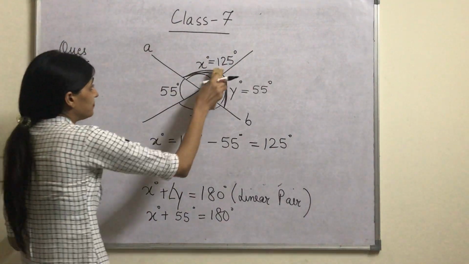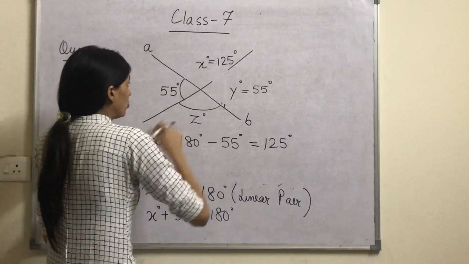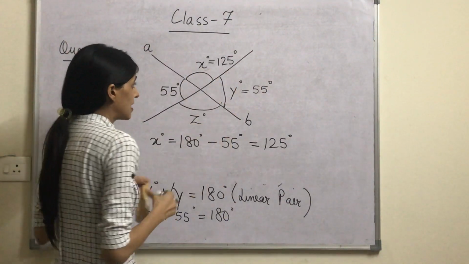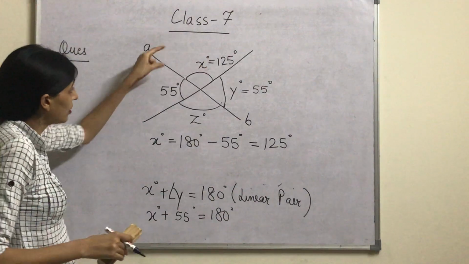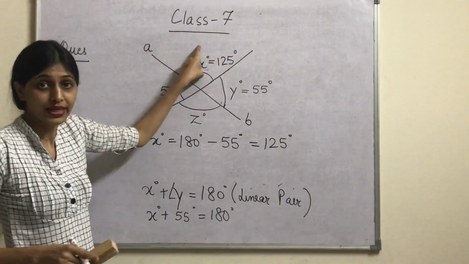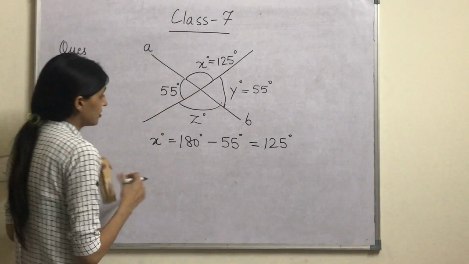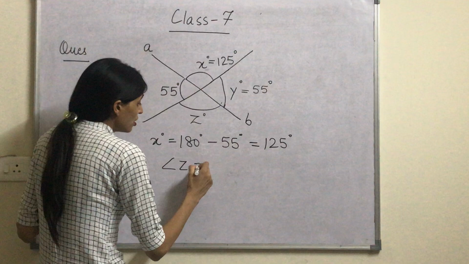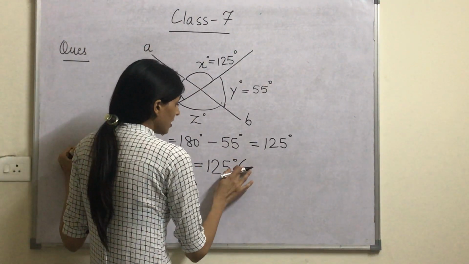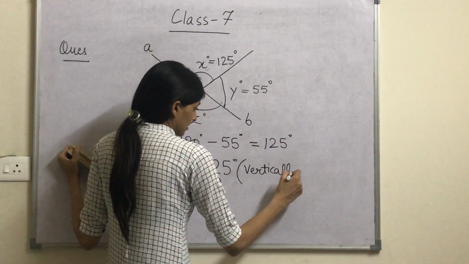Now we know that angle x comes out to be 125 and angle y comes out to be 55. Now these two lines are intersecting. If angle x is 125, then automatically angle z is also equal to 125 degree because these are vertically opposite angles.